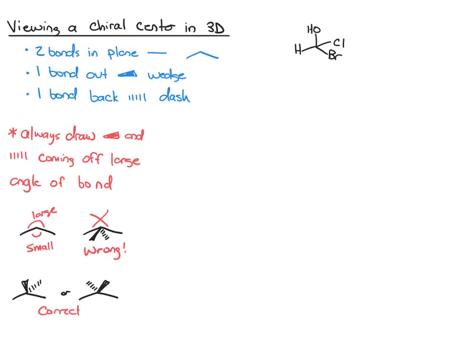Alright, so now let's take this base molecule up here, and I'm going to keep the H and the OH in the plane. You could pick actually any of the 2 groups, it doesn't matter, but I've decided I'm going to keep those 2 bonds in the plane.